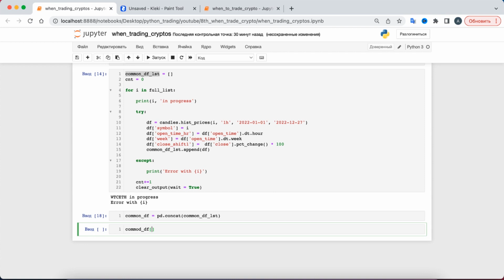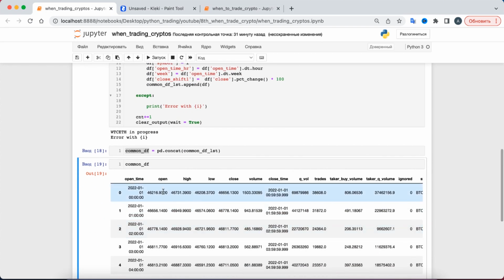If you, for example, are a day trader, you don't have a long-term position here. And my suggestion is just to measure the difference between the high price of the period and the low price of the period, because in the data frame common DF, you can see open, high, low, and close prices.